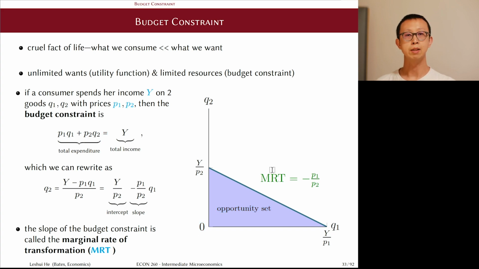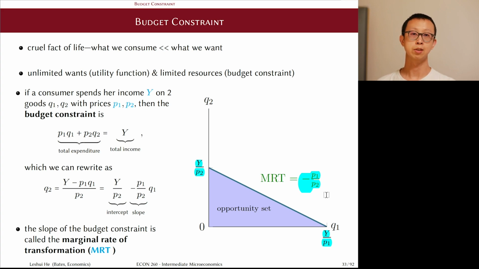You can also verify the slope of the budget constraint from the graph by dividing the vertical intercept of Y over P2 by the horizontal intercept of Y over P1. Then the slope is just rise over run, and then it gives you the expression of minus P1 over P2. Of course, the budget constraint is downward sloping, and therefore there must be a negative sign.